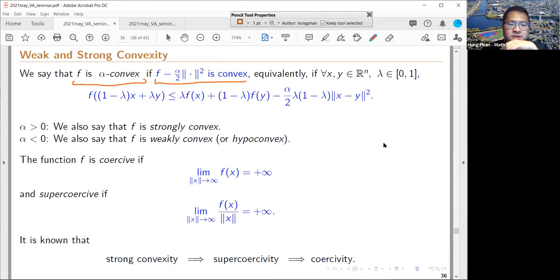If alpha is greater than 0, we have strongly convex. If alpha is less than 0, we have weakly convex. Some other concepts are coercive and super coercive: strong convexity implies super coercivity, which implies coercivity. These are pretty standard in convex analysis.